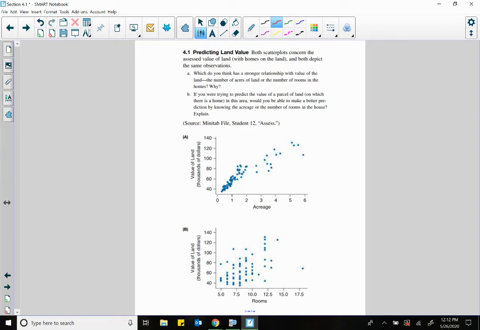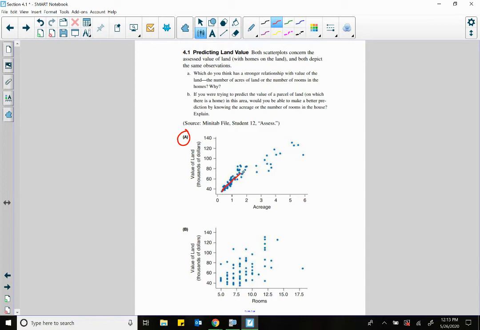Okay? So part A says, which do you think has a stronger relationship with the value of the land? The number of acres or the number of rooms? So hopefully you said A, because we're talking about strength. That means we want very little vertical variation.